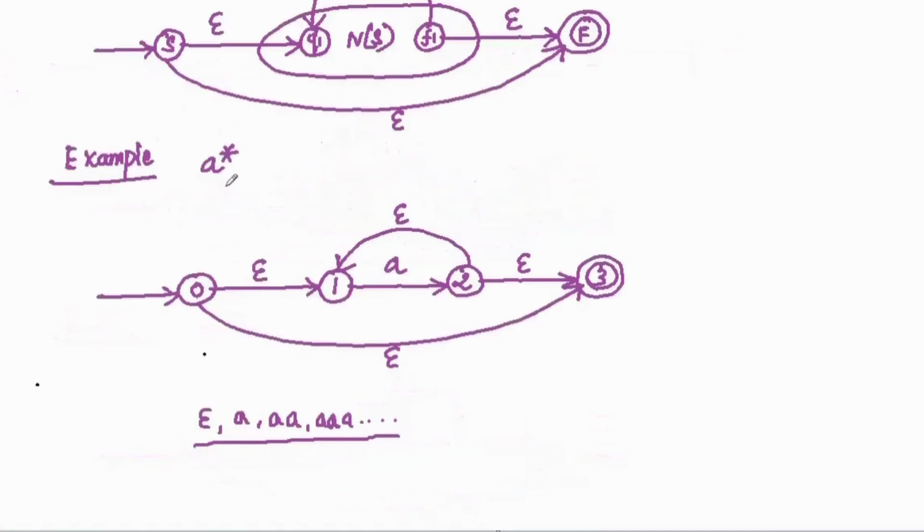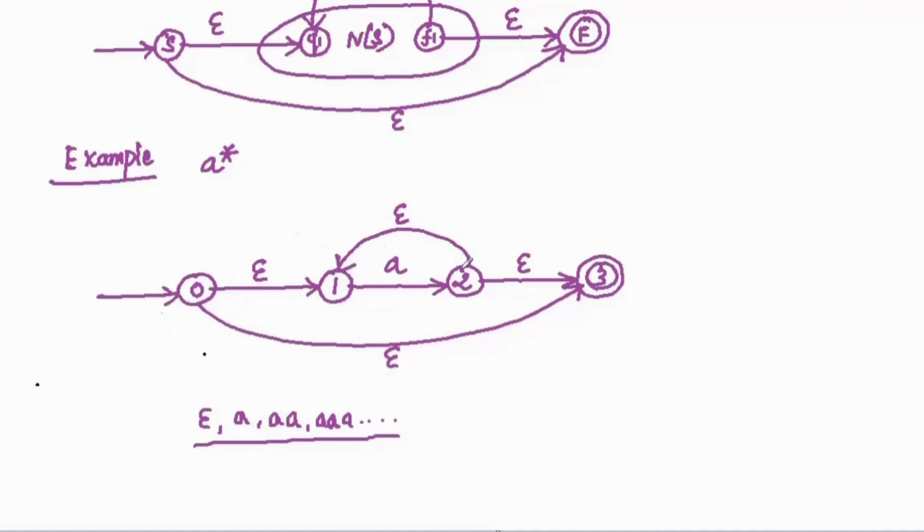In the example A star, there is a transition from state 0 to state 1 upon receiving an epsilon input symbol, and likewise there exists a path from state 0 to final state 3 upon receiving epsilon input. A path is established from state 1 to state 2 on looking at a symbol A, and a backward path upon receiving the epsilon input symbol.